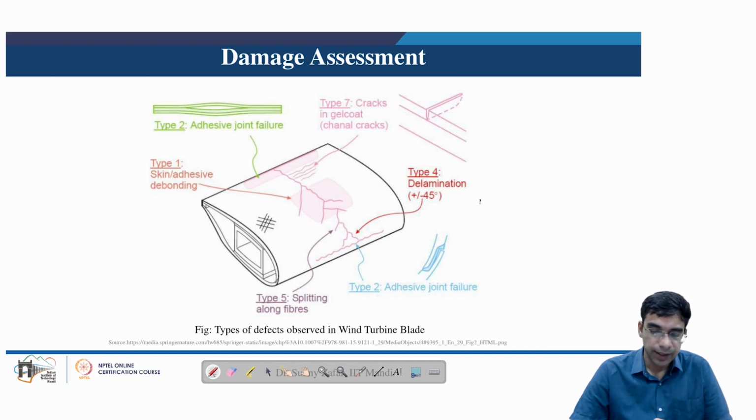Then there can be adhesive joint failure at the leading edge where the two halves of the blade are joined. Splitting of fibers may also occur. Delamination, as we have seen, can also occur. Or there can be generation of channel cracks or gel coat cracks on the top surface of the wind turbine blade, through which again moisture ingress can take place.